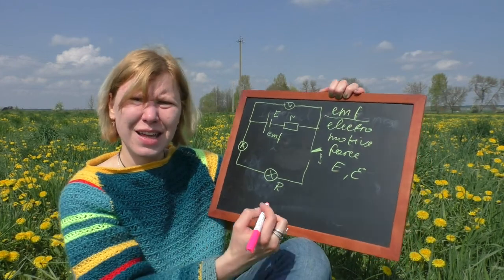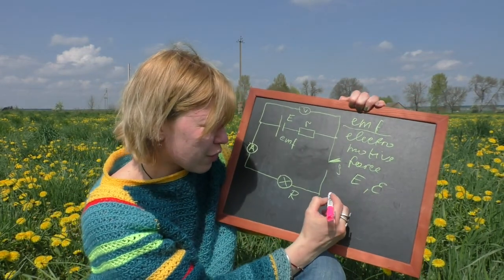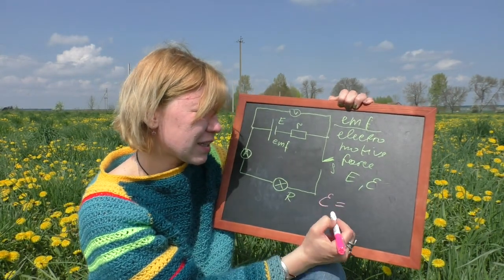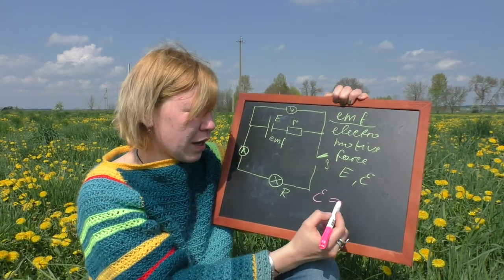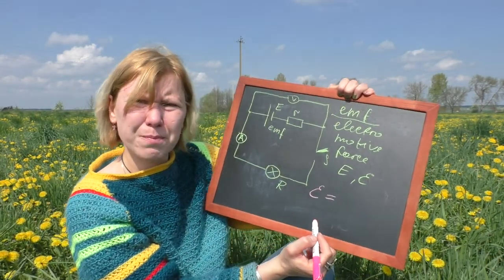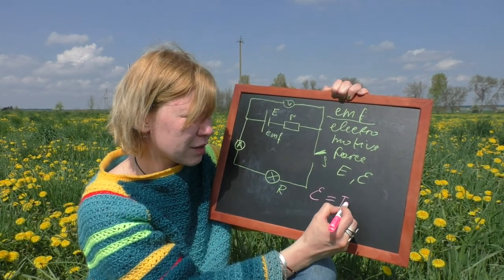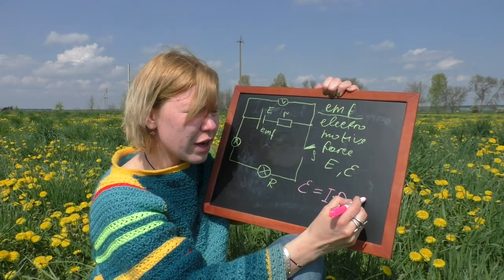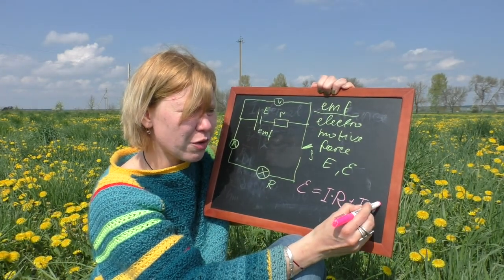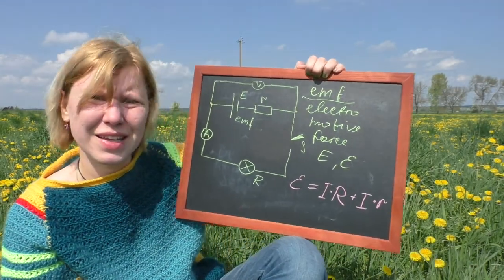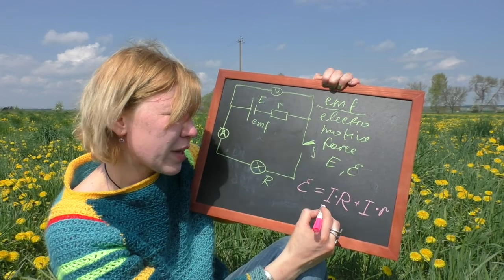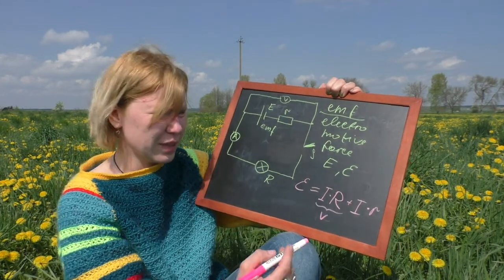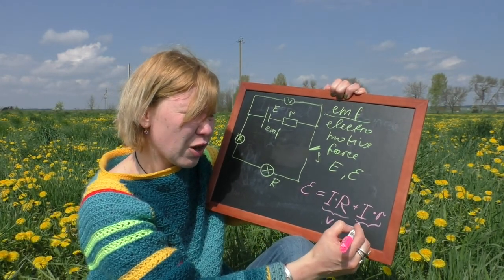And we can consider such a formula. So the formula is epsilon, the electromotive force, and it goes to the voltage which, under Ohm's law, is current multiplied by R, but it's also current multiplied by small r. So here we have a voltage that provides real work that we need, and here we have lost volts.